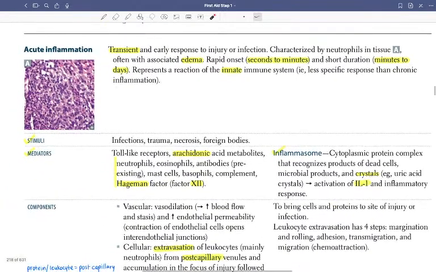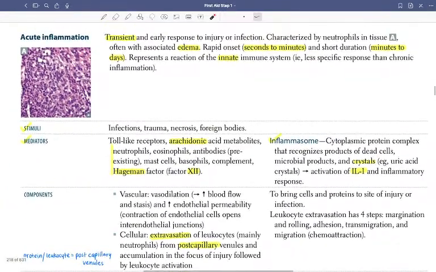Next we'll go on to acute inflammation. I'll continue this in the next part, since we have already started off with inflammation.